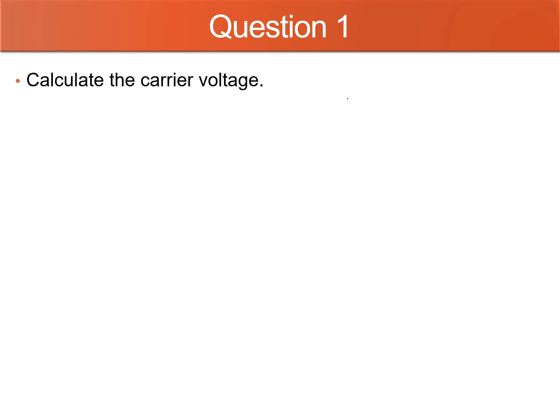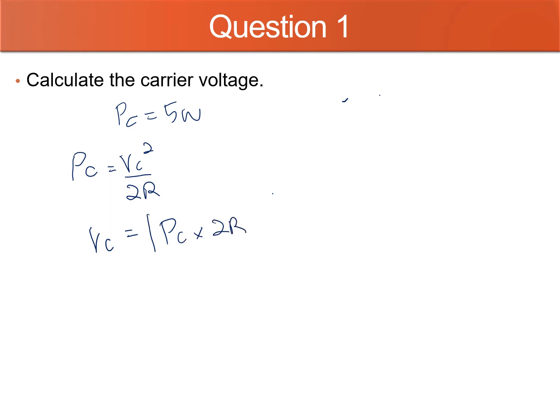So we know that the carrier power is equal to 5 watt. The equation for Pc is equal to Vc squared over 2R. So substitute and rearrange the equation: Vc is equal to the square root of Pc times 2R.